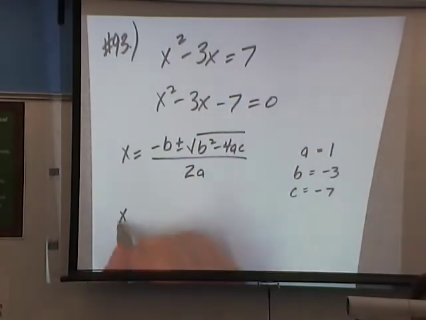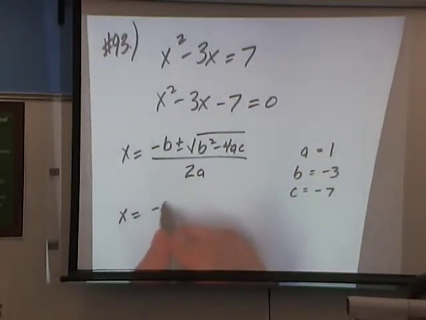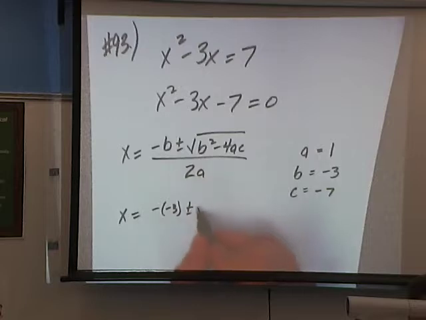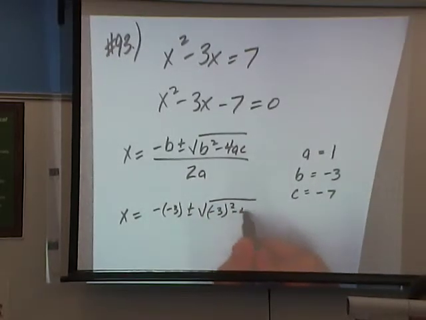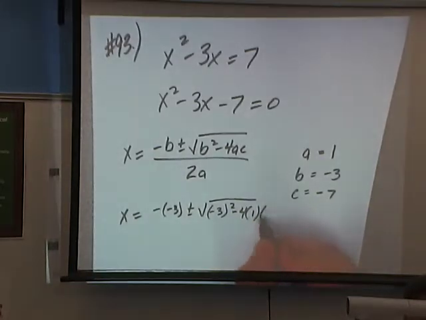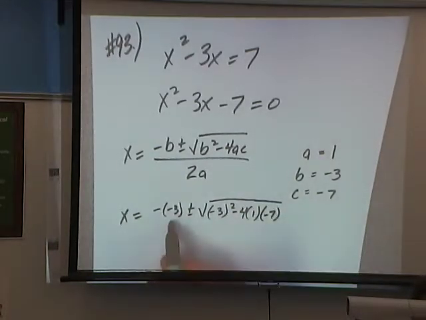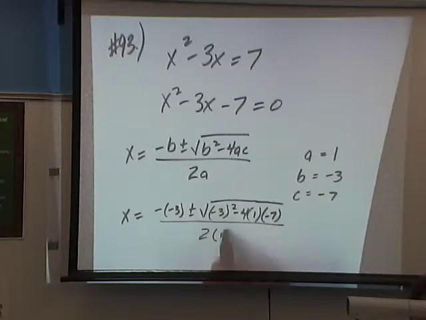So we know x then will be equal to the opposite of negative 3 plus or minus the square root of negative 3 squared minus 4 times 1 times negative 7 all over 2 times 1.